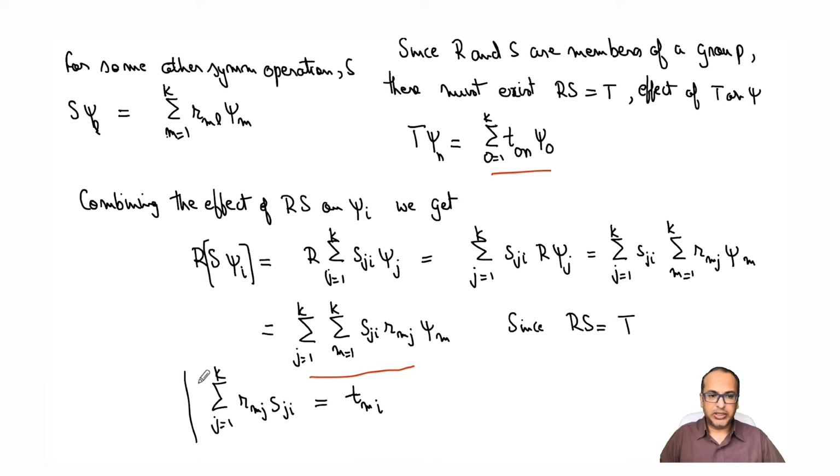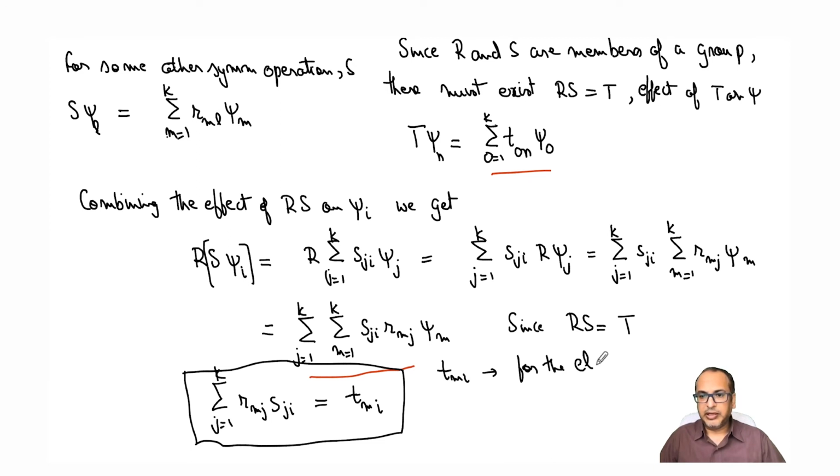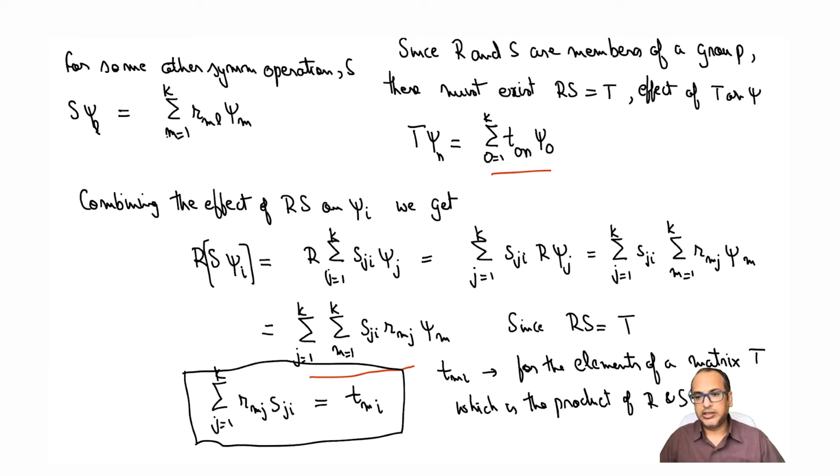Okay, so now if we look at this particular case, what can we say about this? What is T_mi? T_mi is nothing but the expression for the elements of a matrix T, which is the product of R and S, right?